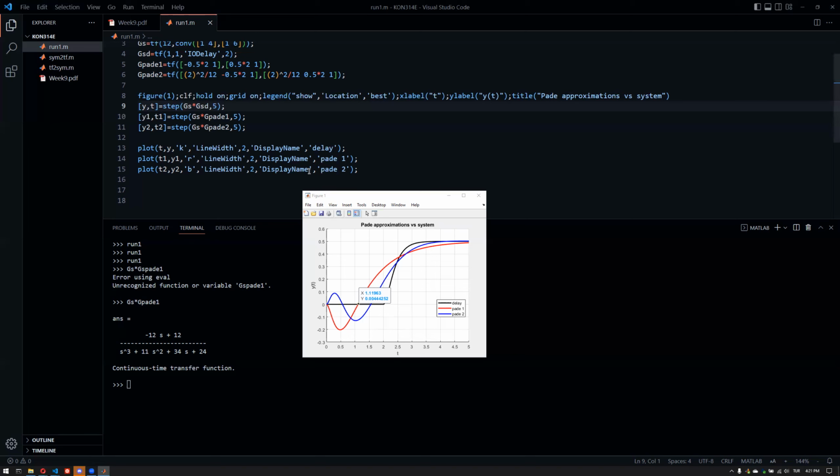So that's how we approximate this transfer function using the Padé approximation. And if we look at the blue one here, so let me delete that one. The blue one doesn't undershoot, but we have a slight bump here towards 0.1. And then we have this reverse bump here.